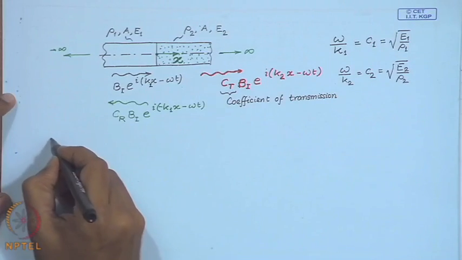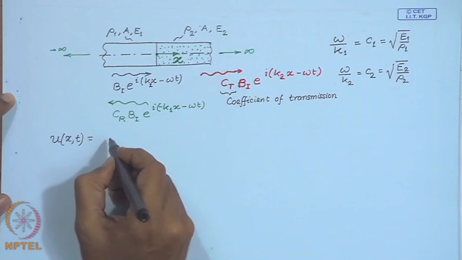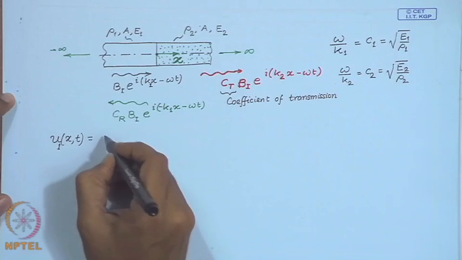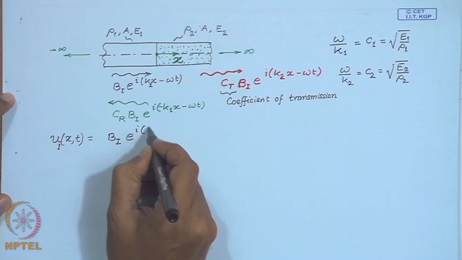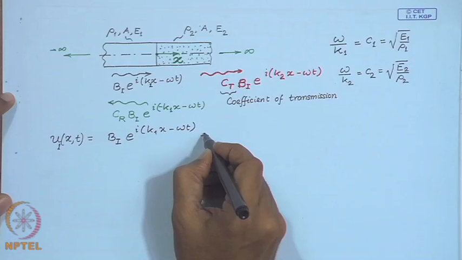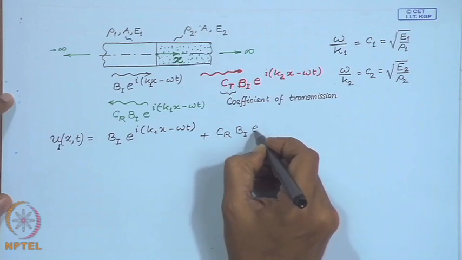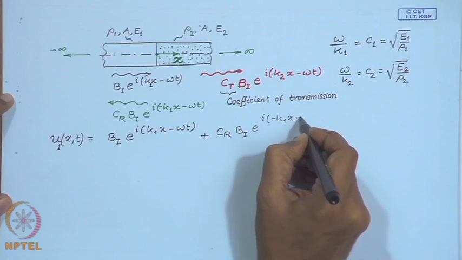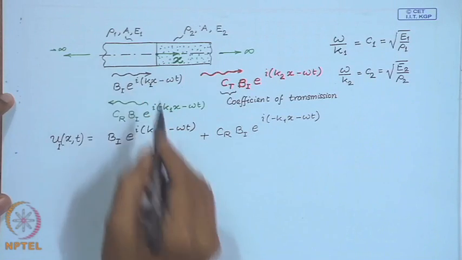Now, so therefore, the total wave field in material 1 is given by, so this is the total wave field in material 1.